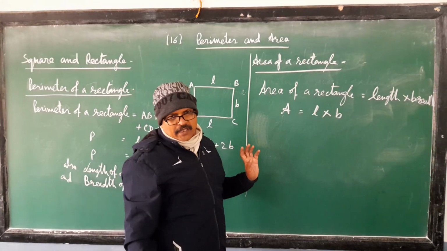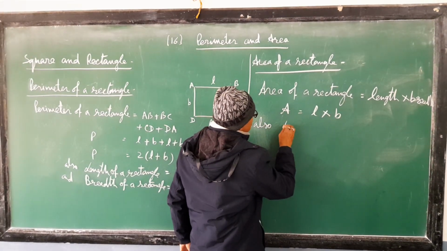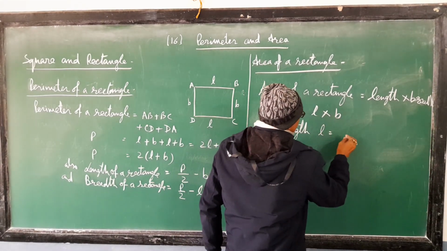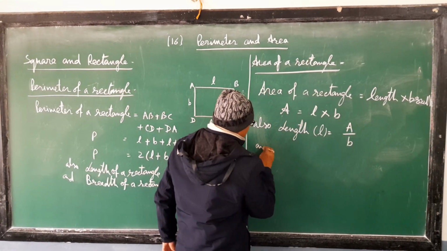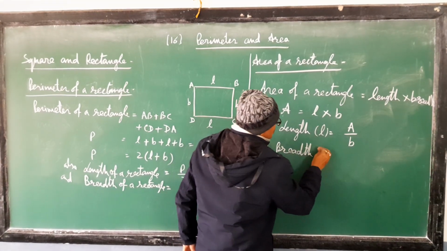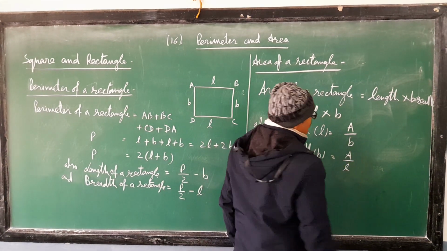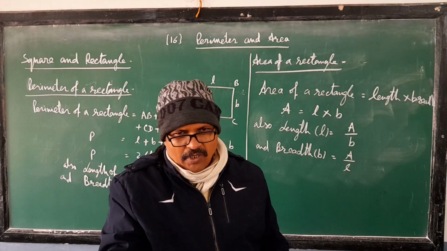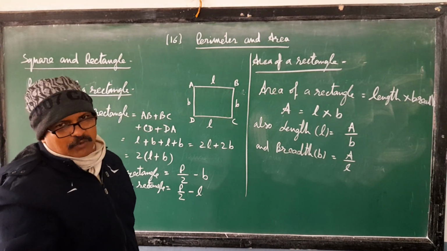If area is given and you have to find length, then length l is equal to area upon b, and breadth b is equal to area upon l. So these are a few formulae related to rectangle and square. All of you must note them in your copy and you will use these formulas.